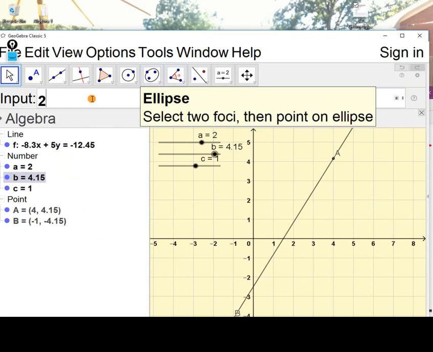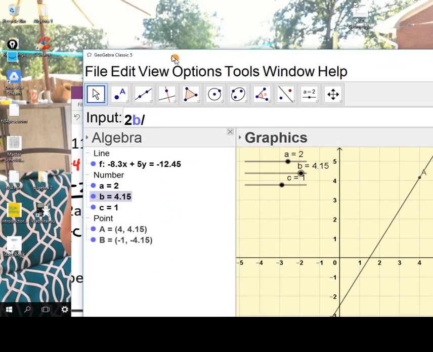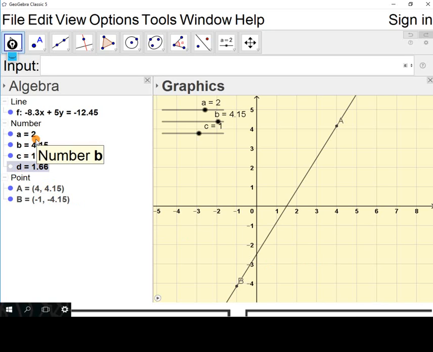If I take 2B divided by 2A plus C, I get that number right there, 1.66. So now instead of taking these points and using them to find the slope, it's just taking these three numbers here and finding the slope. Does that make sense? Which is a little bit easier to do.